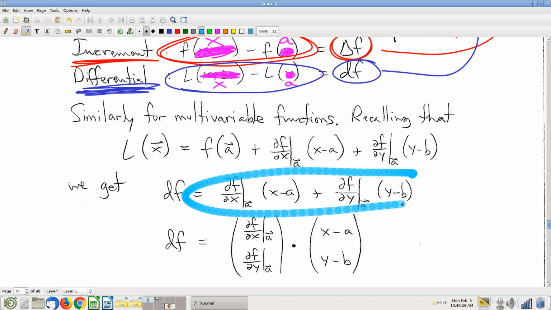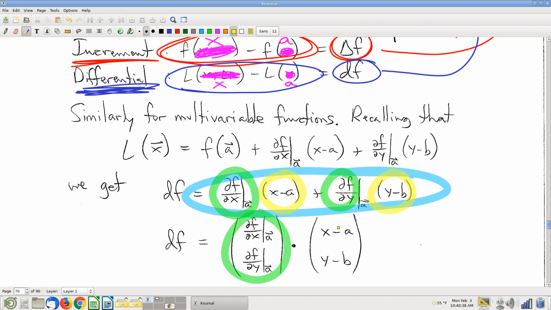This formula right here is a sum of products. It's these things multiplied and then added with those things. So it's literally a dot product. That's just an observation. That's the algebra. Happens to be a dot product.